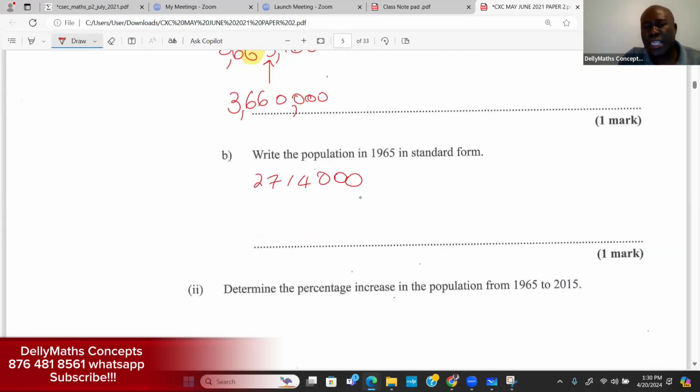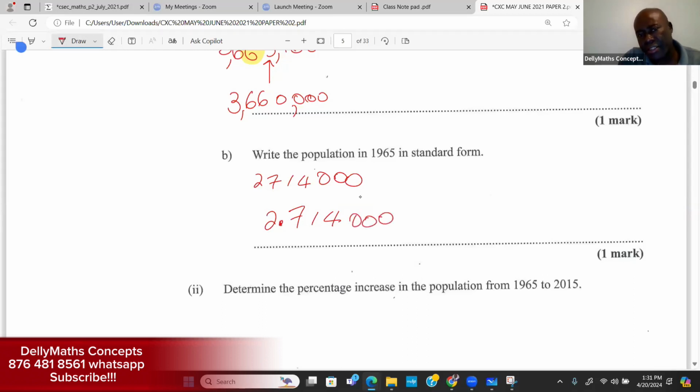All right, so they want this in standard form. In standard form, the framework is that you're going to have the decimal point after the first non-zero digit from left to right. That's the basic framework, and if you want to keep your zeros, that's the idea.